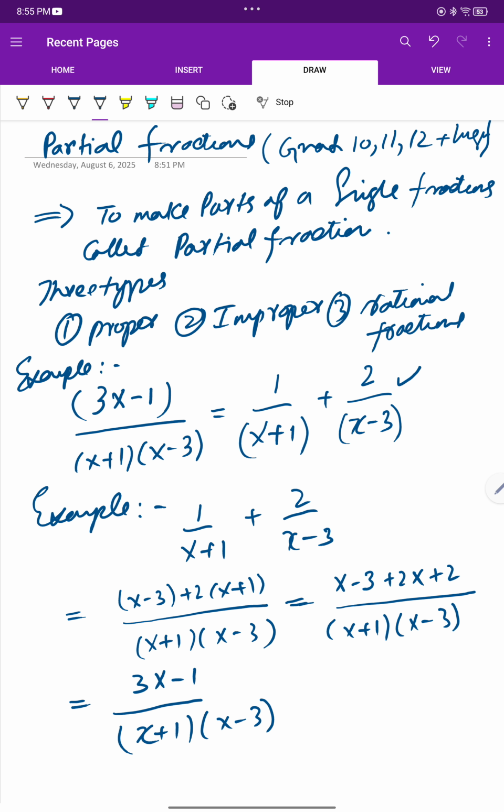So this is the partial fraction of this. They give you this one, and then you find this one. It's either done by factorization or division.